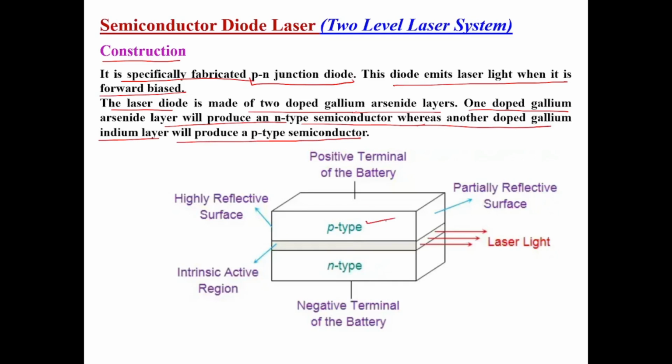So this is the P-type semiconducting material, this is the N-type semiconducting material, and this is the intrinsic active region, the so-called barrier, the PN junction. This side is highly reflecting, and this side is partially reflecting, through which the light comes out of the laser system.